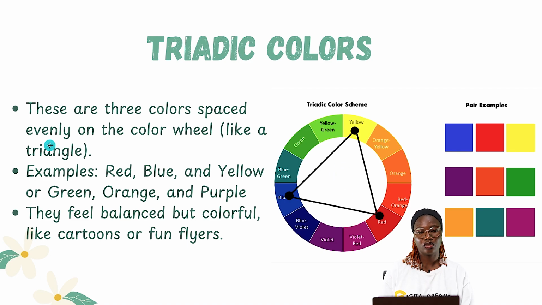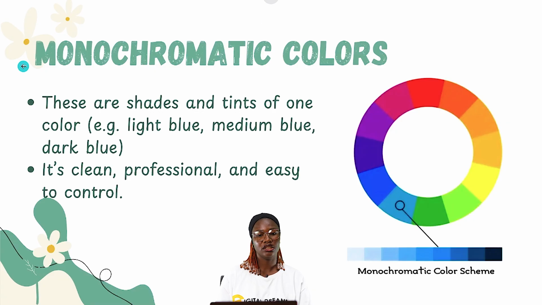The next one is monochromatic colors, and these are shades and tints of one color. For example, light blue, medium blue, dark blue. This is basically when you pick one color but use different shades and tints of that particular color.